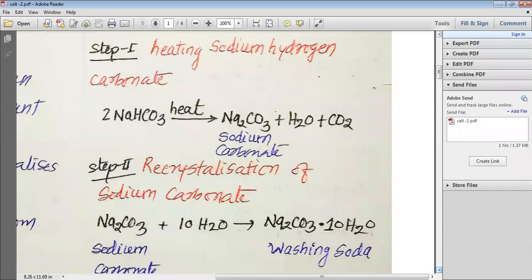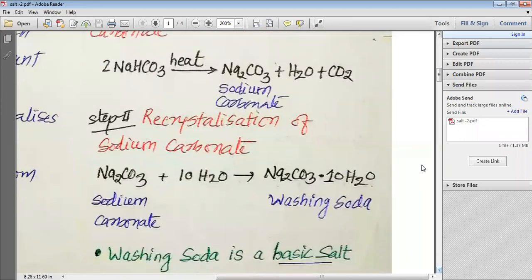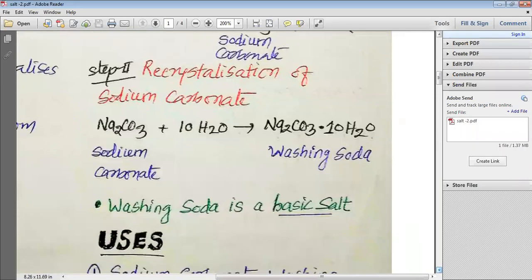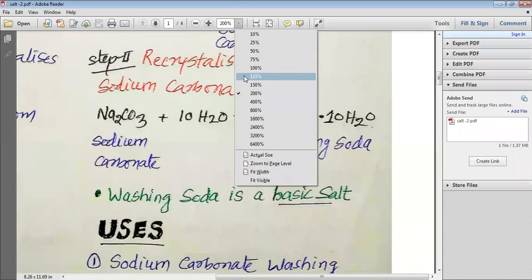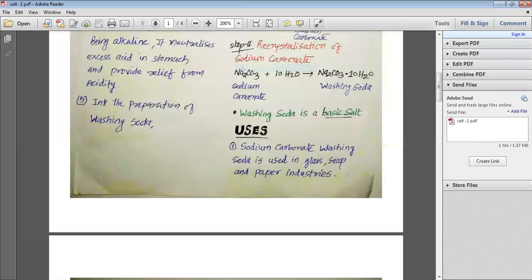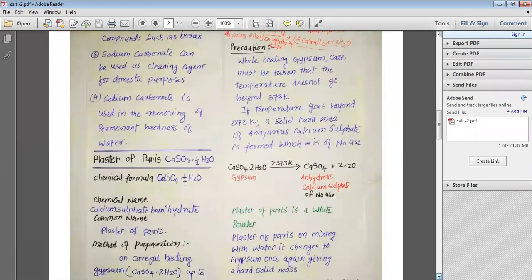This carbon dioxide gas can extinguish fire. That is why sodium hydrogen carbonate is used in the preparation of fire extinguishers, and for making breads and cakes soft, fluffy and spongy.